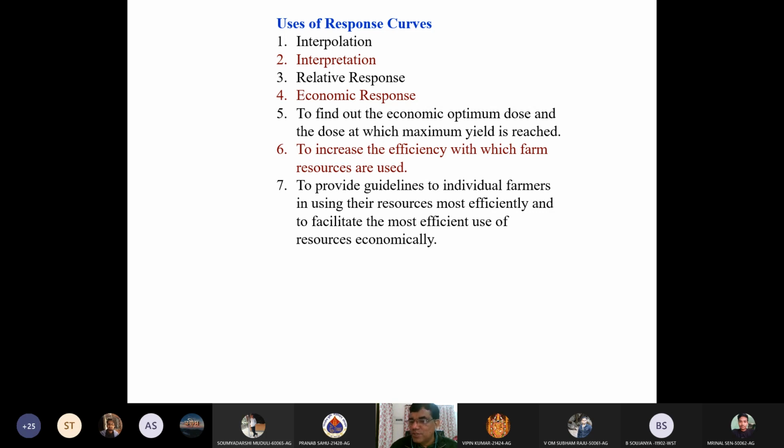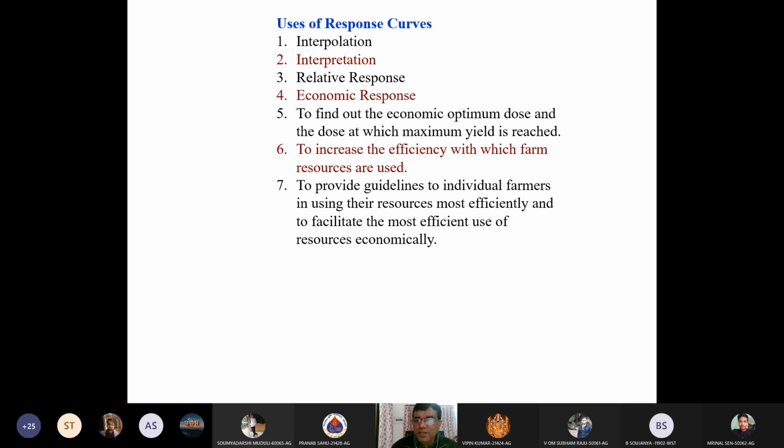So this knowledge is very important. To find the optimum economic dose, we use the response curve quadratic relationship, to increase the efficiency with which farm resources are used and to provide guidelines to the farmers. So these response curves have many uses.